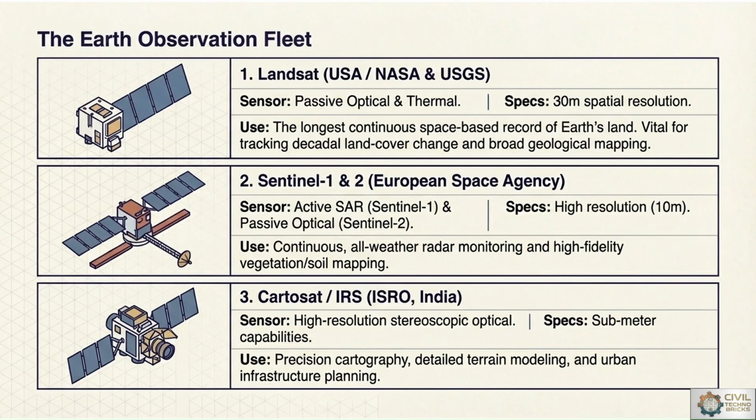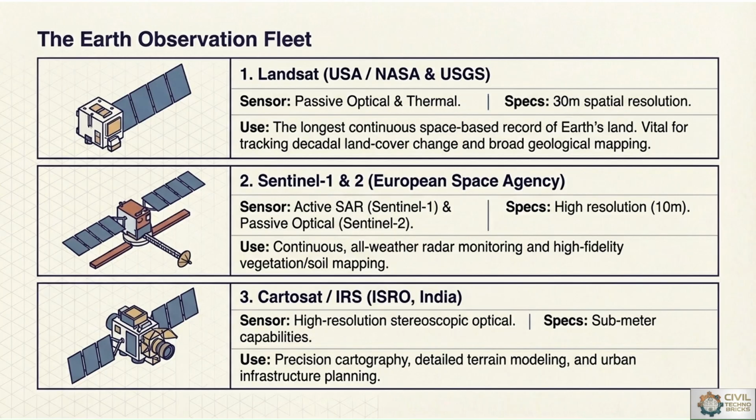We are using that Landsat data for the longest continuous space-based record of Earth's land, for tracking decadal land cover change and broad geological mapping all over the world. For Sentinel 1 and Sentinel 2, where European Space Agency is the monitoring agency, they have the sensors of active SAR, synthetic aperture radar, for Sentinel 1, and passive optical for Sentinel 2.